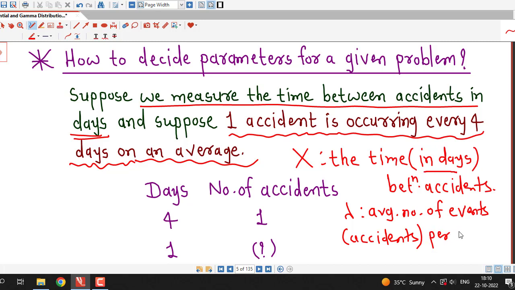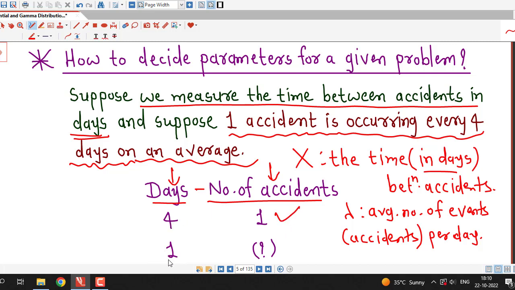Here time is given in days, so we must decide lambda, which is the average number of events per day, and here it is given that one accident occurs every 4 days. So we can decide how many accidents will occur per day. For that we can consider this: one accident is occurring every 4 days. So here I have written days and number of accidents. If there are 4 days, the number of accidents is 1.